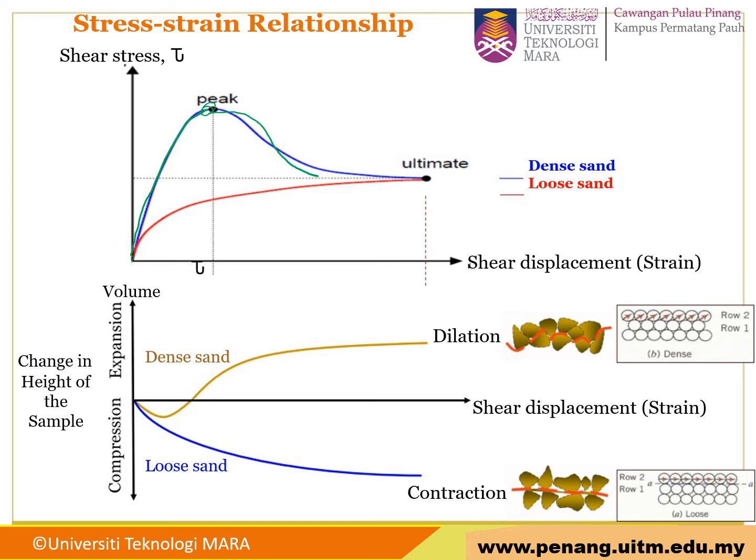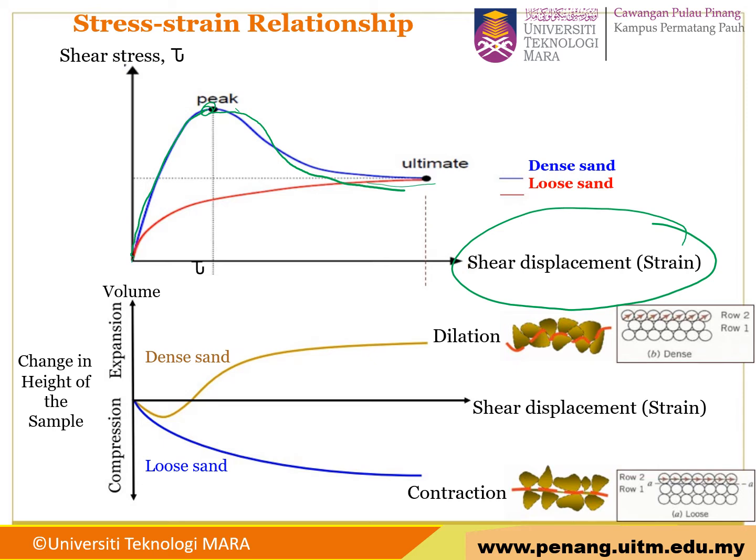After it passes the optimum value of shear stress, the soil fails and the value of shear stress drops. Here you see the shear displacement or strain. Shear stress versus strain, where strain is usually in mm.